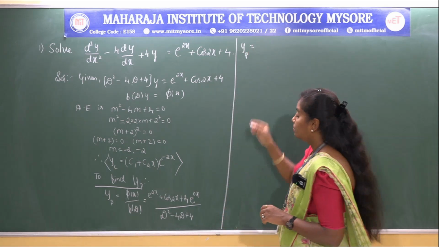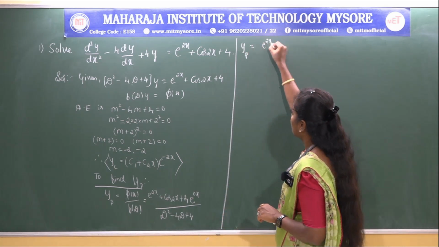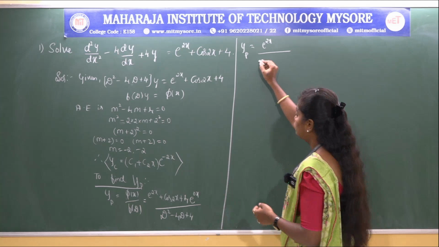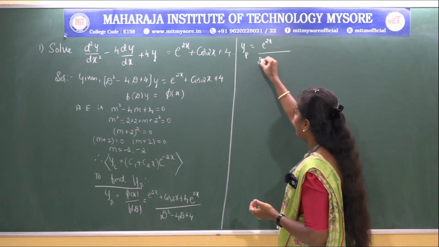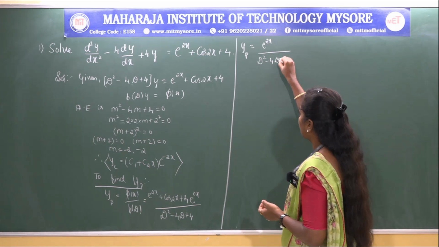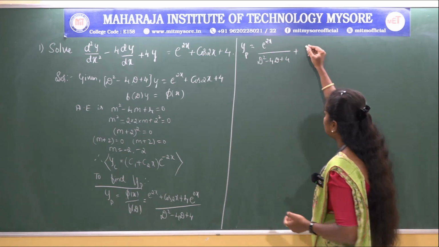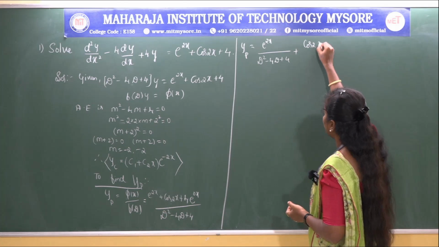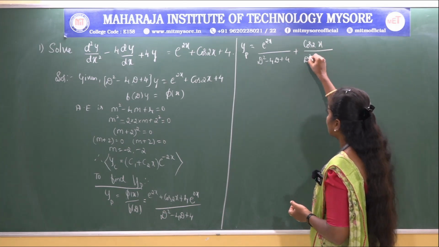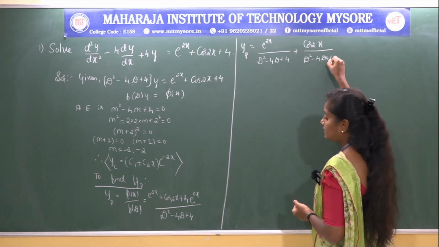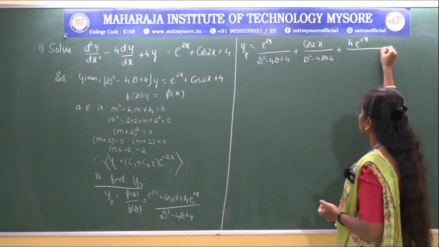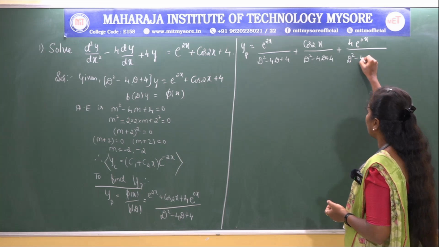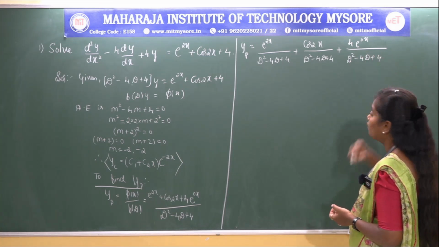Then yp is equal to e power of 2x divided by d square minus 4d plus 4, plus the second element cos 2x divided by d square minus 4d plus 4, and the last element 4 into e power of 0x divided by d square minus 4d plus 4.